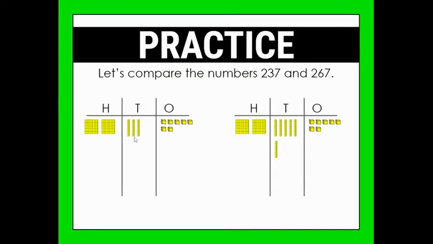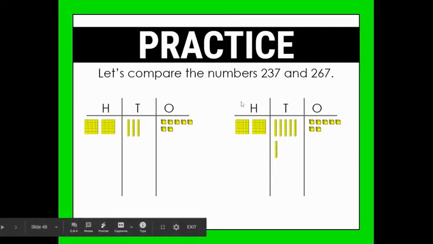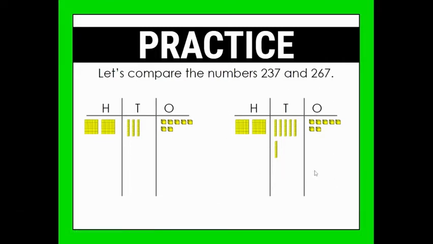So for 237, I have 3 tens. For 267, I have 6 tens. So which one's bigger, 3 or 6? Well, 6 is bigger, so that means my number 267 is bigger or greater than 237.